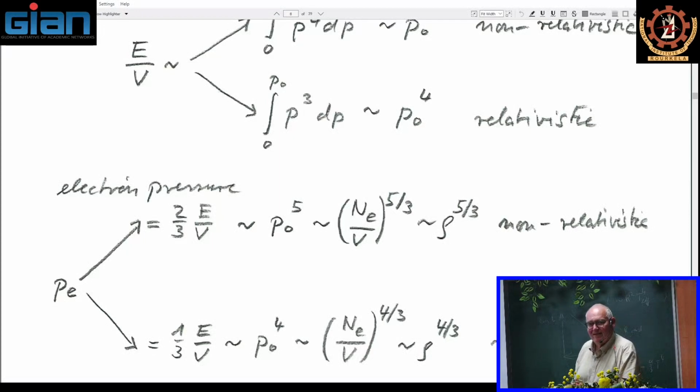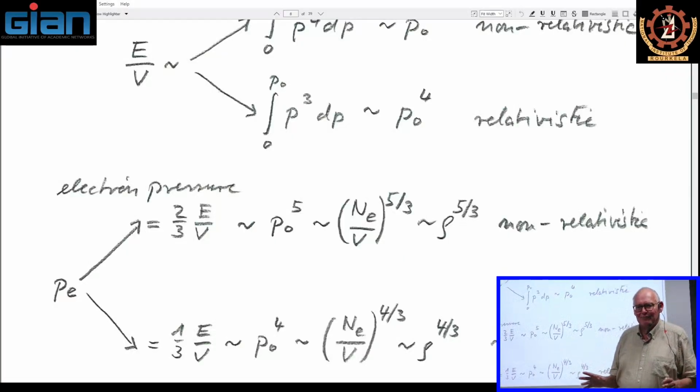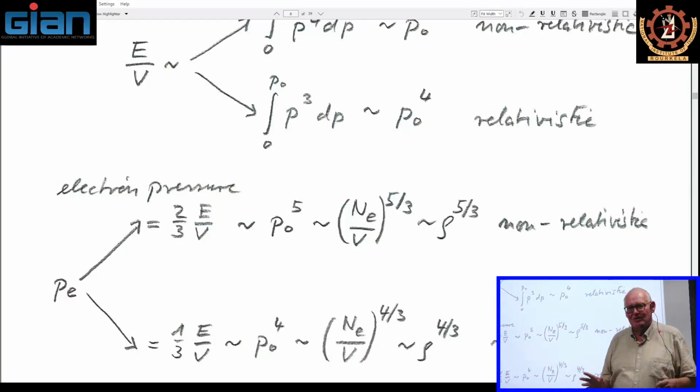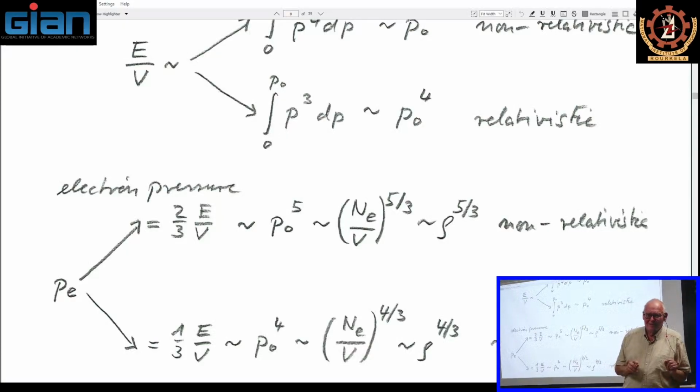Yes, how did we get the 2/3 and 1/3 factors? Well, I haven't proven that. This is a general relation. If you are interested, I would ask you to go to thermodynamics, where the relation between pressure and energy density is calculated for relativistic and non-relativistic particles.